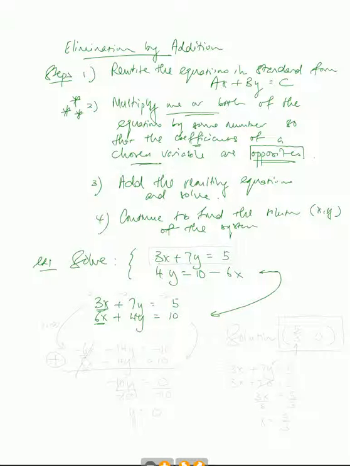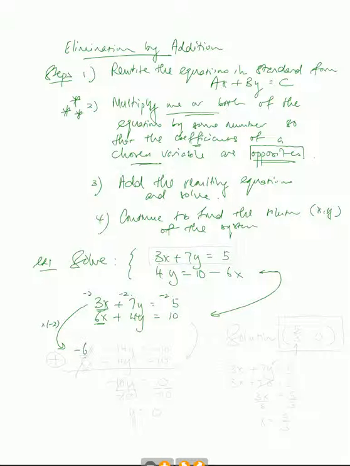So that tells me that I'm going to choose the number 6, because 3 when I multiply by 2 gives me 6, but I need them to be opposites. So what I'm going to do is the first equation I'm going to multiply by -2. And what that means, I'm multiplying -2 to every part of the equation.